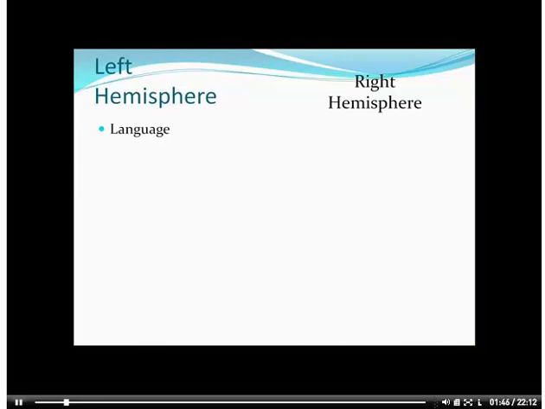You don't have anything to look at except for a blank screen. It's really hard because your left hemisphere is stimulated by the language. It kind of wants to listen, but the right hemisphere doesn't really have much to occupy it.